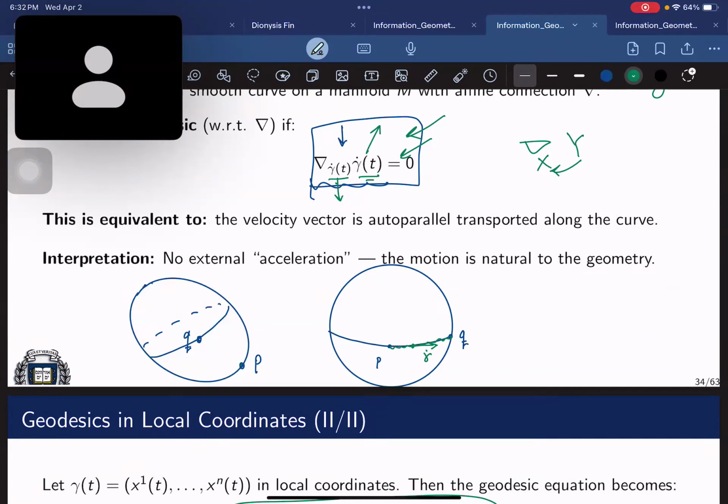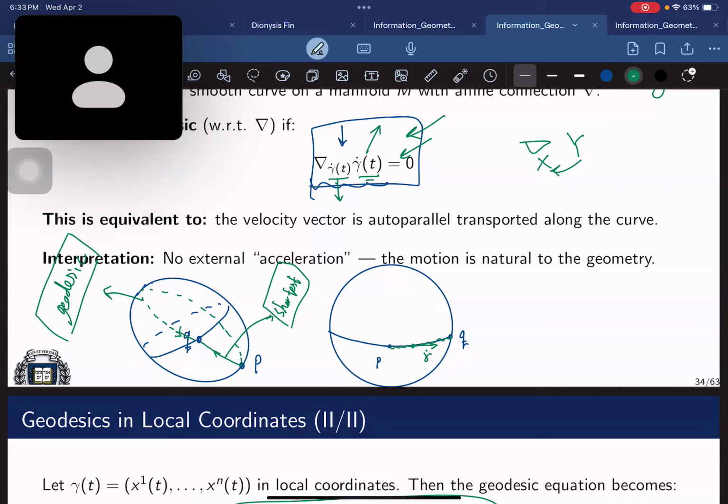It would give you not only this one, which is the shortest, but also the one that goes around the sphere and comes to Q. So this is also a geodesic. So if we generalize the concept of line with respect to straightness, then geodesic would not mean the shortest path. It would mean the least curved path.